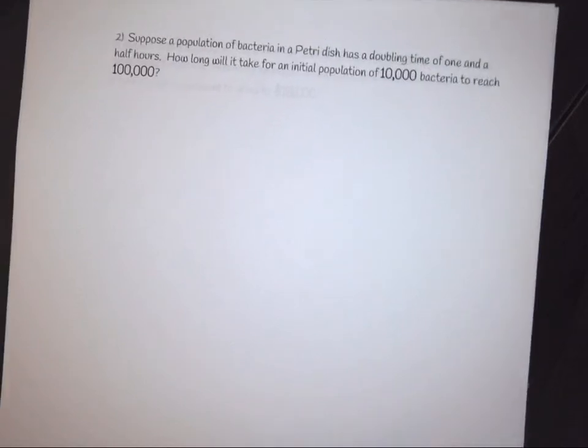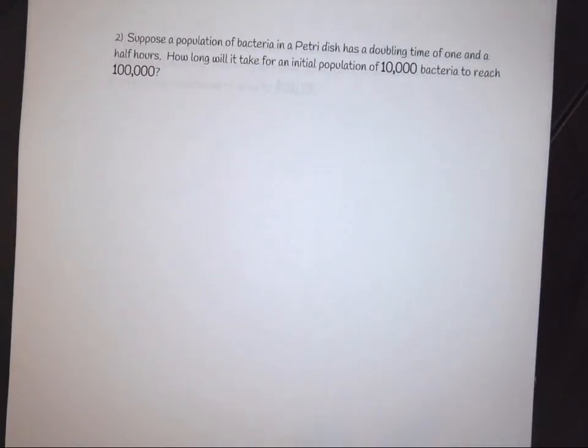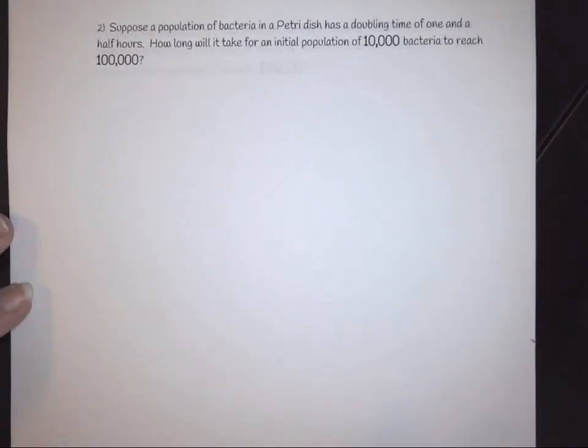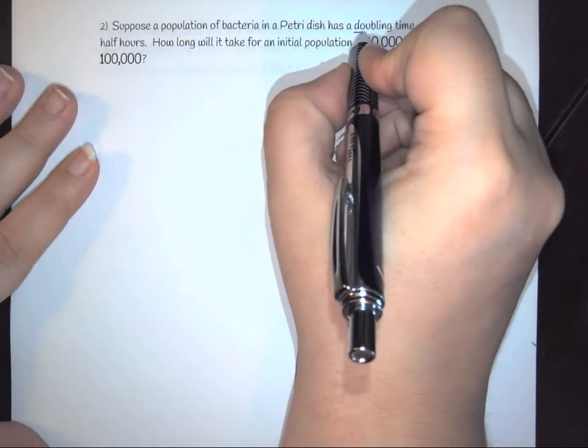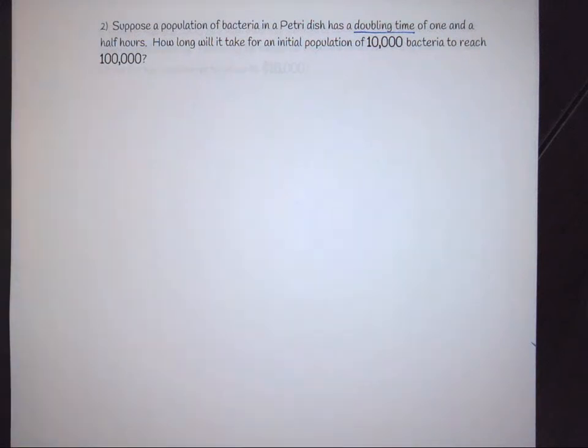Alright, let's look at a different one. Suppose a population of bacteria in a petri dish has a doubling time. So this right here, doubling time, is your important piece, of 1.5 hours. It says, how long will it take for an initial population of 10,000 bacteria to reach 100,000?